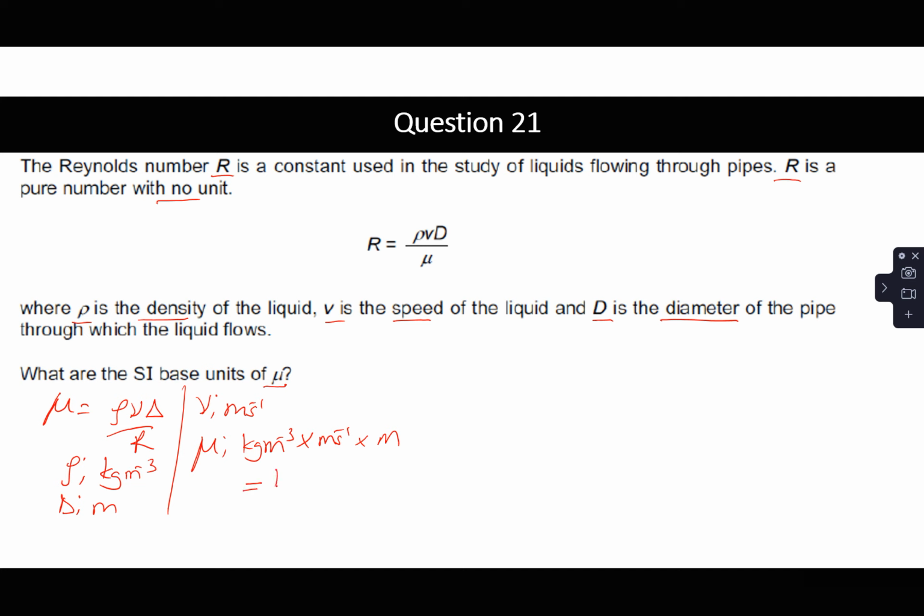When I simplify this, I have kilograms, meters power negative 3 times meters times meters. It becomes meters power negative 1, then s power negative 1. These will be the base units of mu. I think mu would be viscosity or viscous drag, something like that. Okay, next.